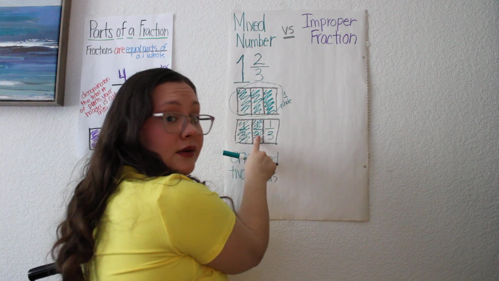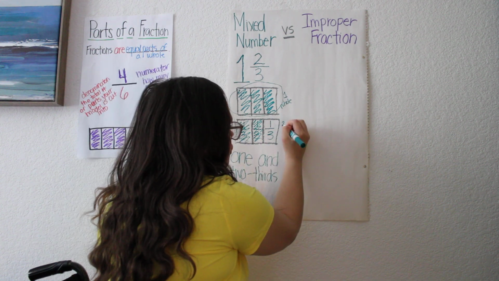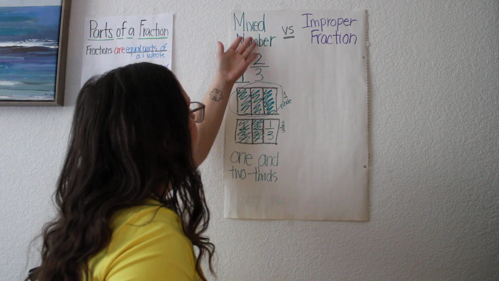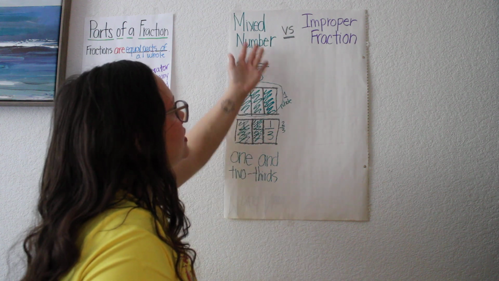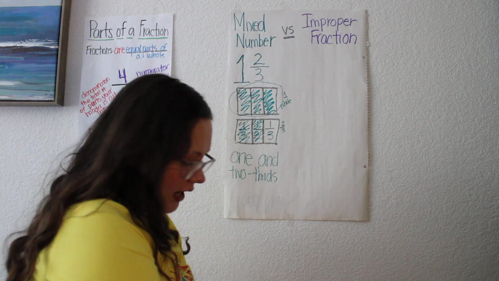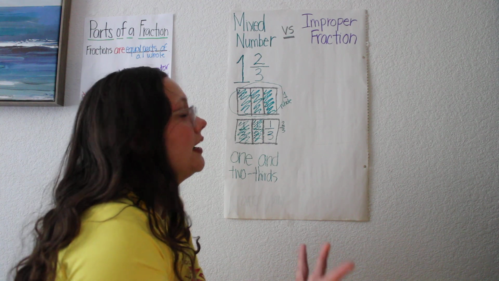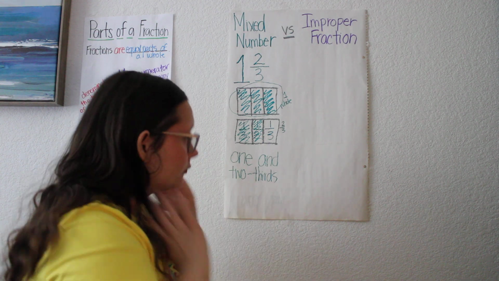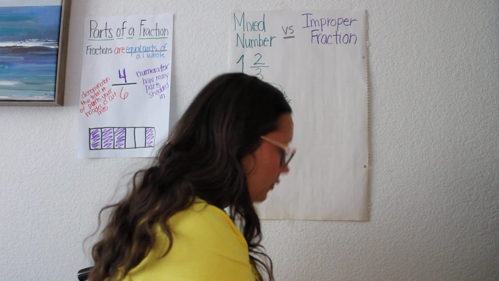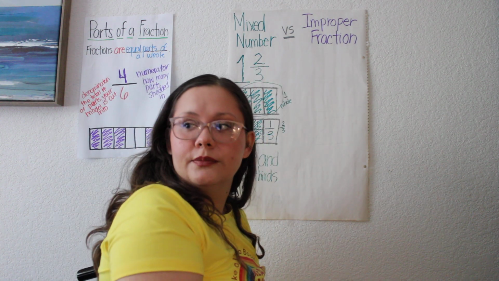This piece down here is worth 2/3. That is why it's a mixed number and it's written like this. So this is mixed numbers. Now, just so you know, mixed numbers and improper fractions, okay, they can represent the same thing. So I'm going to move on over here, and I'm going to give you an improper fraction.